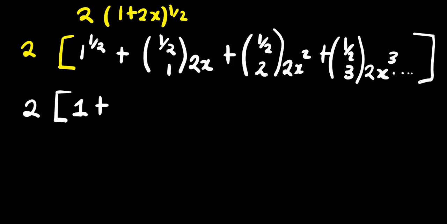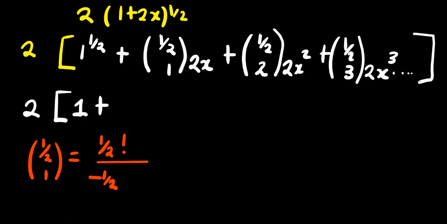So let's start with the one for half combination 1. So how do we solve this one? You know that this expression is just the same as half factorial over half minus 1, which is negative half, so negative half factorial and 1 factorial.